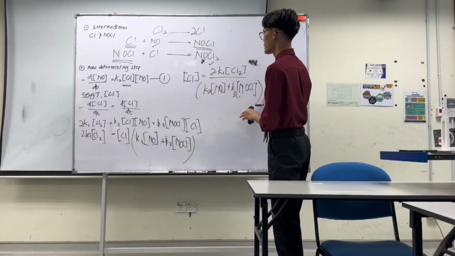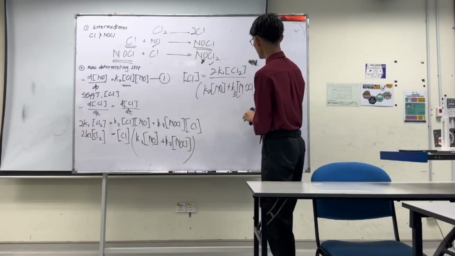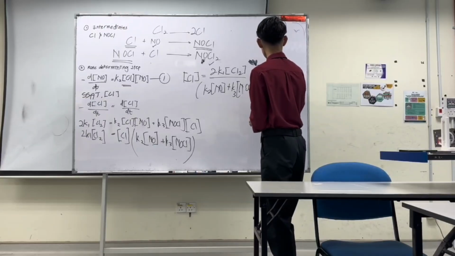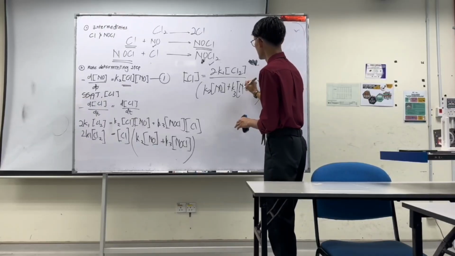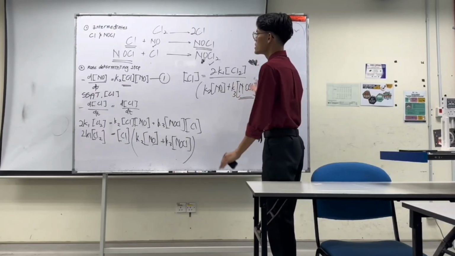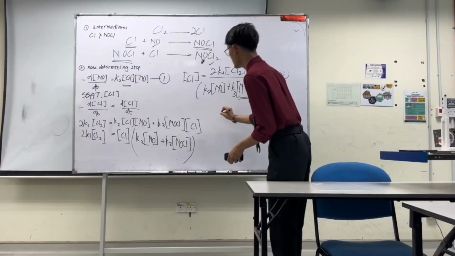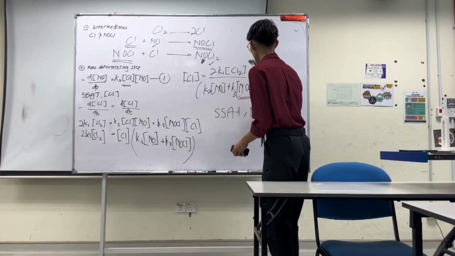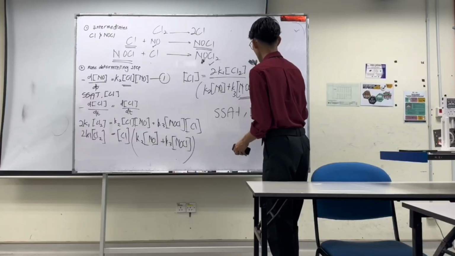We start until here. Because we start until here for the second equation, in our second equation we got another intermediate, right? So we need to find the SSAT for NOCL.